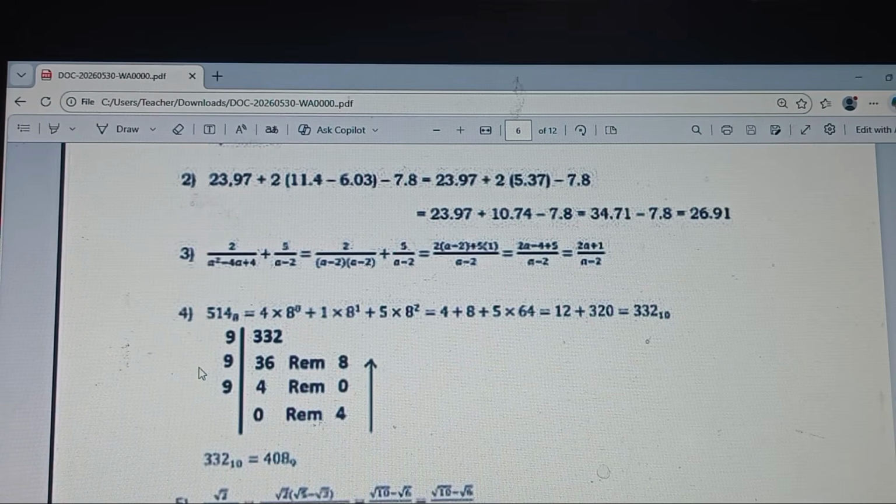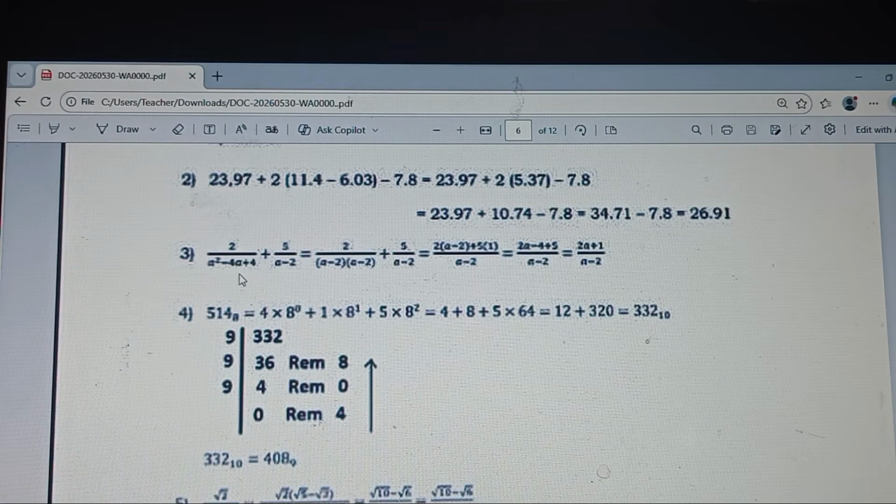Question number 3. You factorize that one. You can factorize by using the Rita or factorize methods. After factorizing, you will get a minus 2, and another a minus 2.